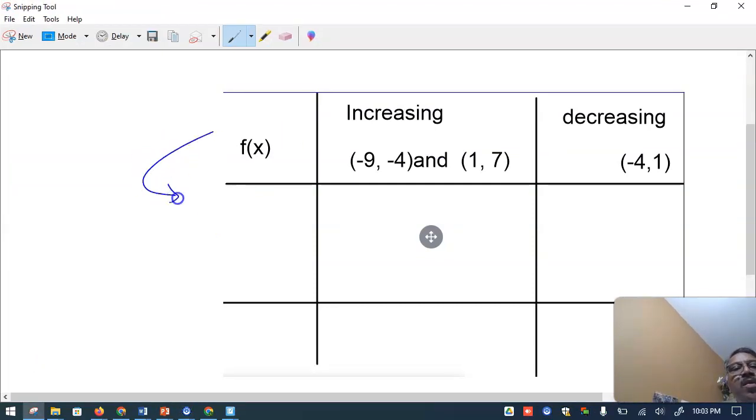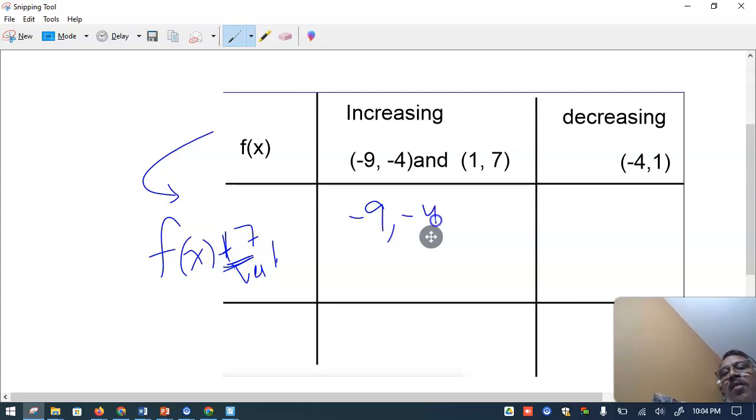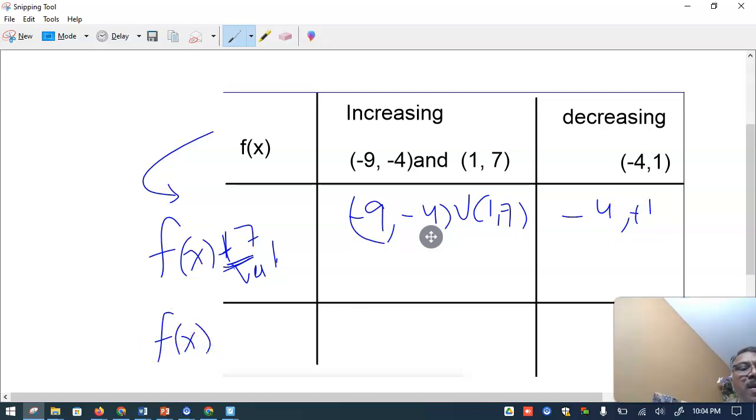The first question could be, what is f of x plus 7? Now remember there is a plus 7, there's a vertical shift, that means the graph moves up. So what's going on is the intervals will remain the same. It does not affect them. The increasing interval and the decreasing interval will stay the same. And the same thing if I had f of x multiplied by half, there is a scale factor of half.